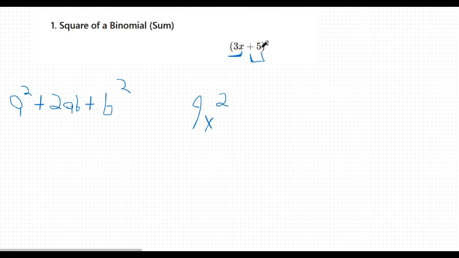So 3x times 5 is 15x, times 2, so that will be 30x. Now for the b squared, what's 5 squared? That would be 25. So this is your a squared, 2ab, and b squared.